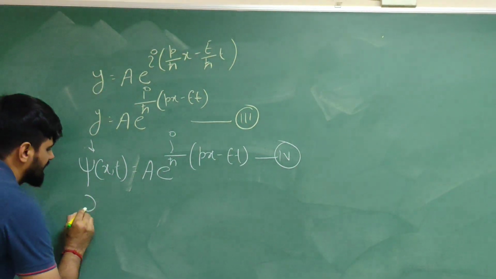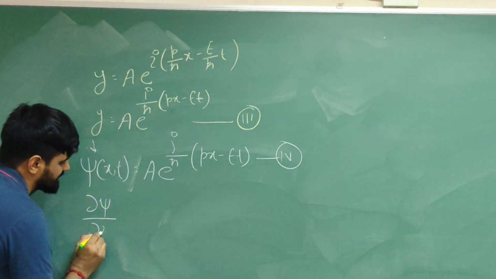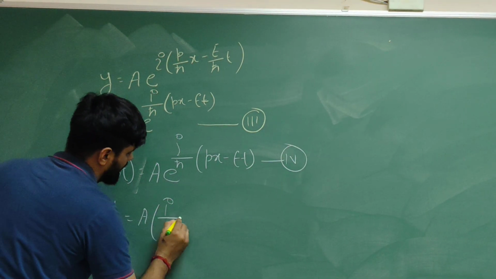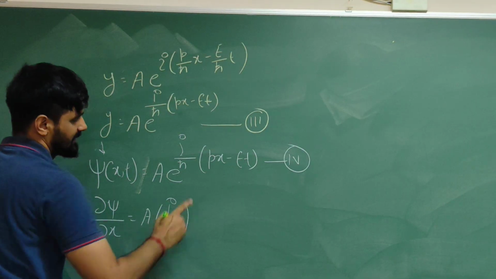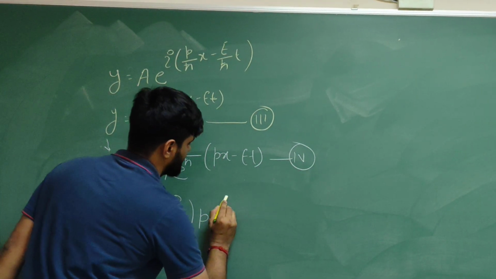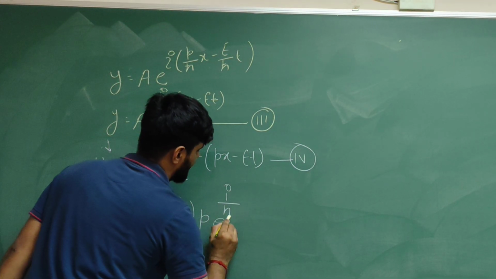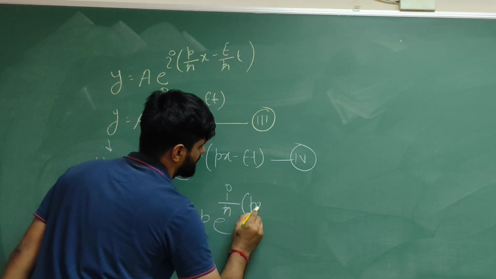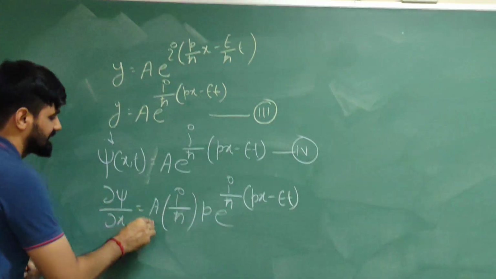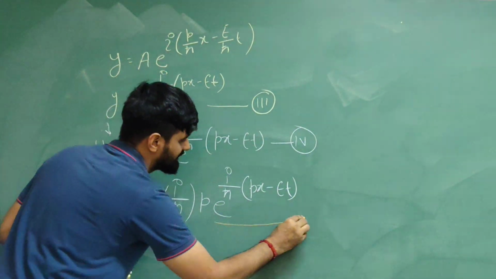Now if I do the first order derivative of psi with respect to x, it will be a times i divided by h bar, and the derivative gives p, times e to the power i divided by h bar (px minus Et).